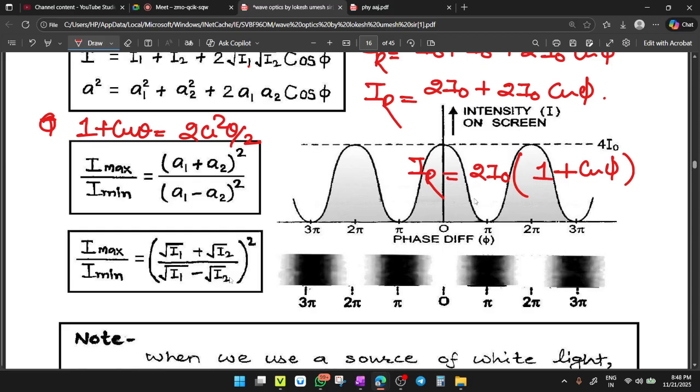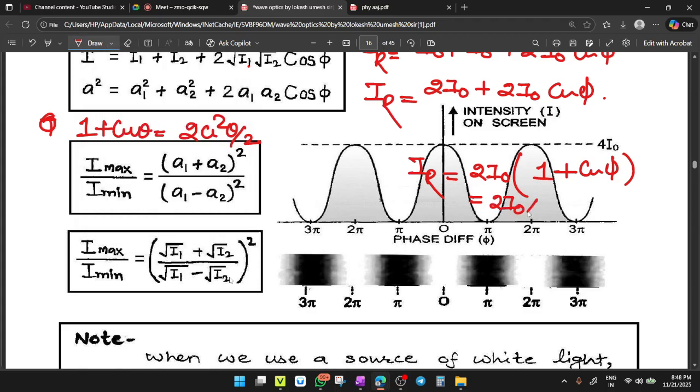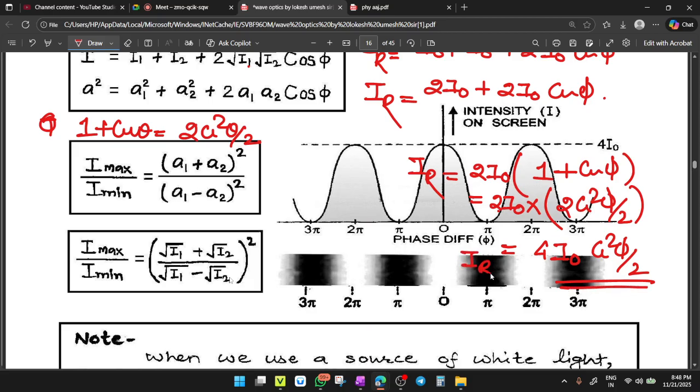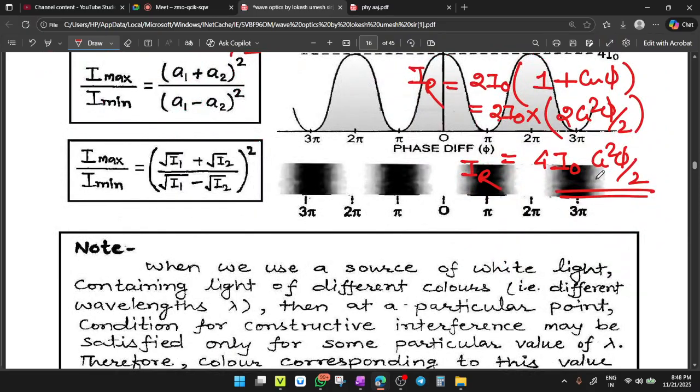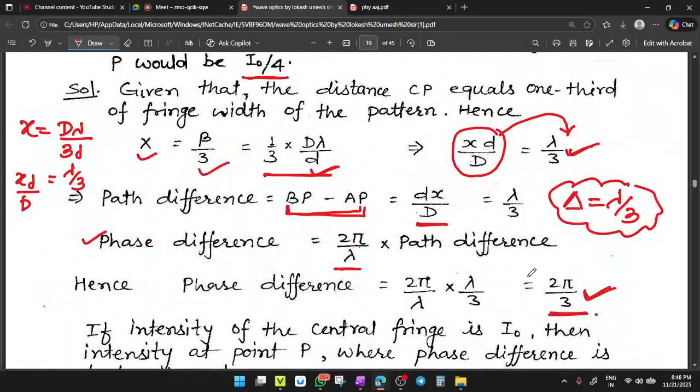So here it will be 2 I naught multiplied by the value of 1 plus cos phi, which equals 2 cos square phi by 2. So 2 into 2 becomes 4 I naught cos square phi by 2. So this is the formula for resultant intensity: IR equals 4 I naught cos square phi by 2. So we have applied here the formula for resultant intensity.